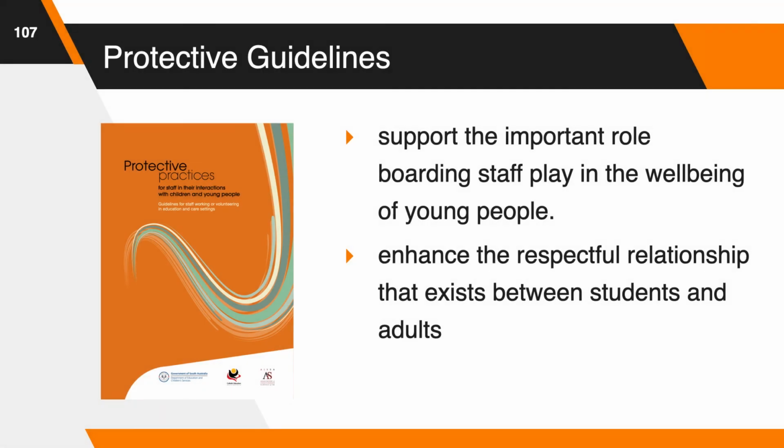There are lots of good protective guidelines documents around, and you can find these. Some of these we can send out to you, or you can find them on the internet. Each state has them. These support the important role that boarding staff play in the well-being of young people, and these protective guidelines enhance the respectful relationships that exist between students and adults.